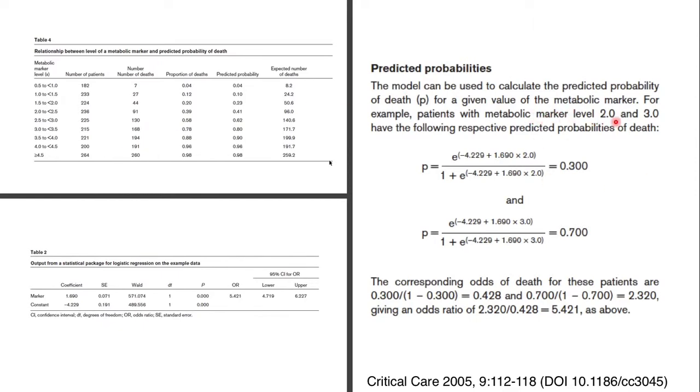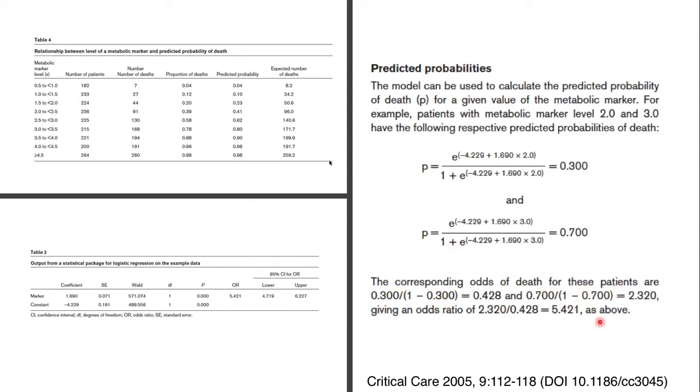If we input, say, somebody had a value of 2 and a 3, these would be their predicted probabilities of death based on those values. You think of it as when you have your regression coefficient, you're entering those as your x. What they came up with was the corresponding odds of death for these patients.